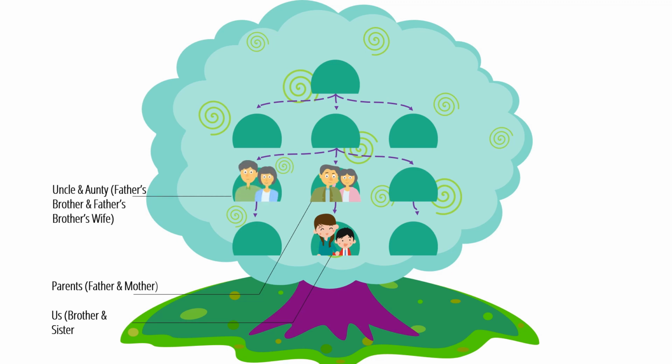They are my father's brother and my father's brother's wife. They are our uncle and aunt. They are my father's sister and father's sister's husband. They are also our uncle and aunt.